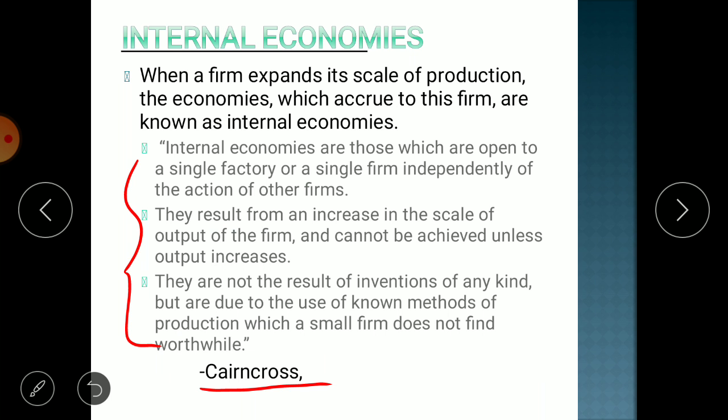You know that machinery has more capacity as compared to labor, and that is why large scale companies have the benefit of reduced costs which a small firm does not have. Getting it? So internal economies are available only to the large firm, not to the small firm. The logic is very simple. Large firms are producing on a bulk size and small firms are producing in a small size.